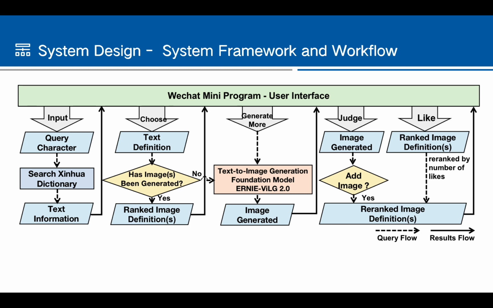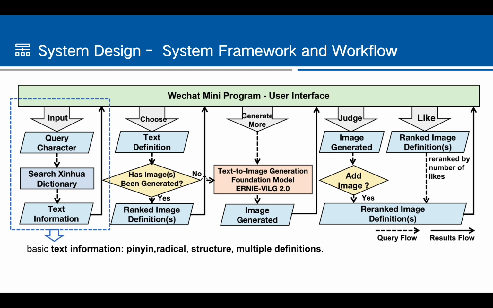Here is the framework and workflow of the system. It can be divided into 5 main functions for learners. Firstly, learners could input query Chinese character through user interface, and the system would search Xinhua dictionary's online library via requesting API.